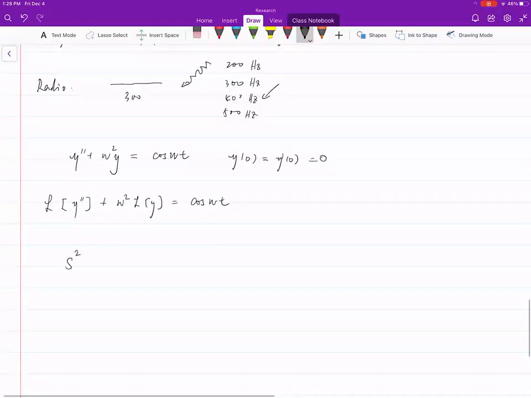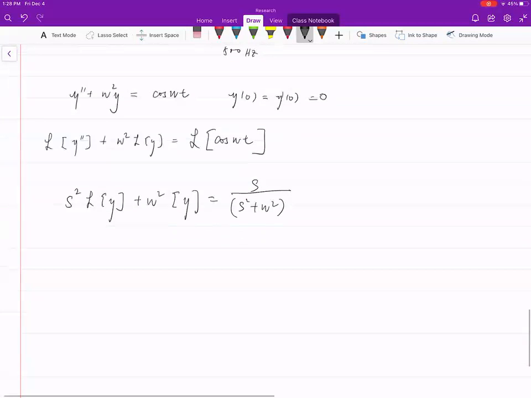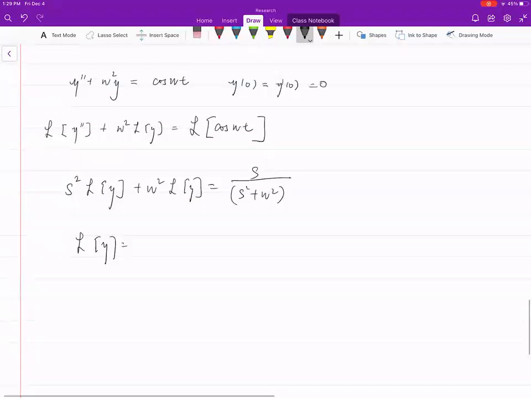We have s squared equals s over s squared plus omega squared, which is the Laplace transform of this part. Simplify. We have s over this, which is great.